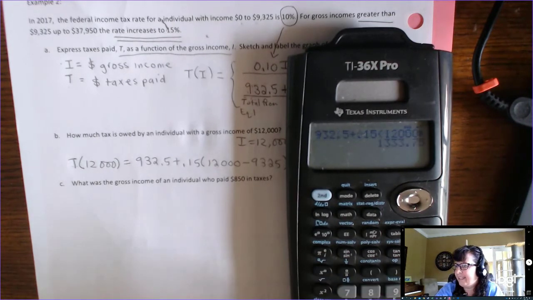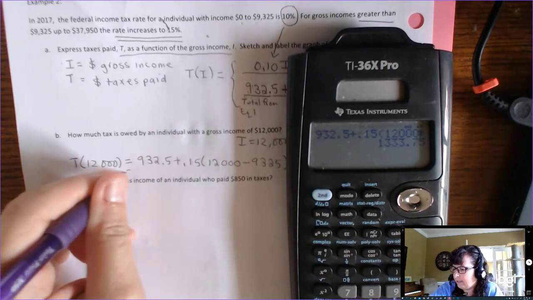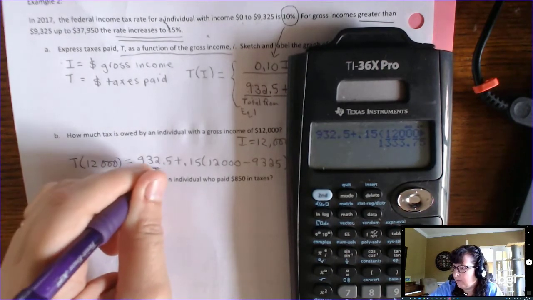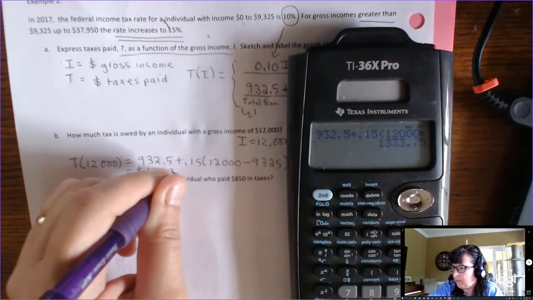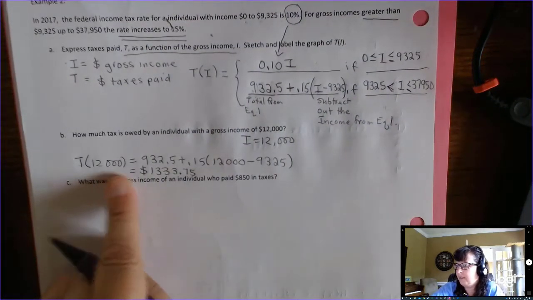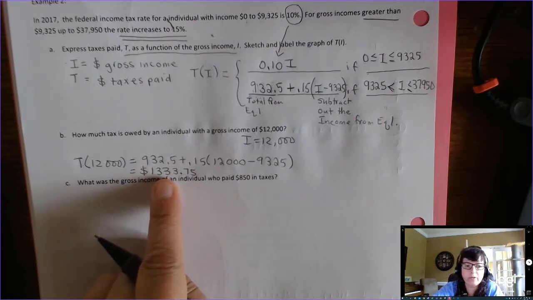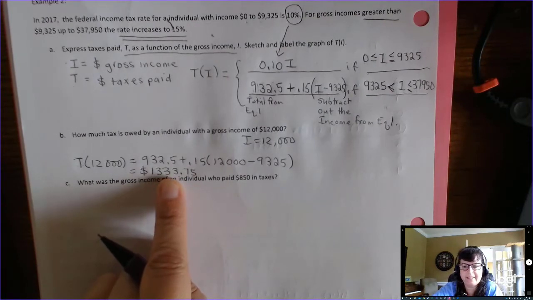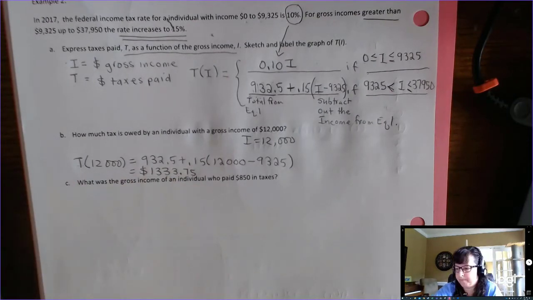Okay, so we get 1333.75. So if you make $12,000 in income, you're going to pay $1,333.75 in taxes. This is an input-output problem.